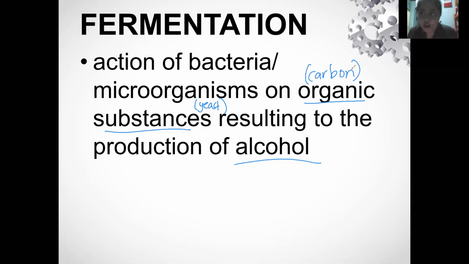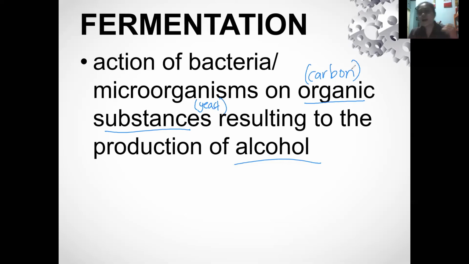is alcohol. So example niyan, I have tried making wine using, what do you call that, peach, at the same time apple and jackfruit. So yung jackfruit, for example, pinag-react namin with yeast and then after some time, magpo-produce na yan siya ng alcohol.